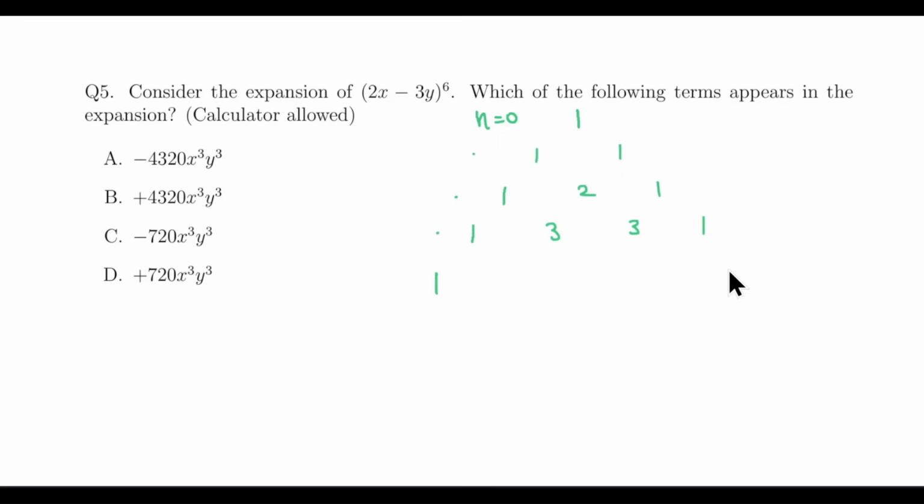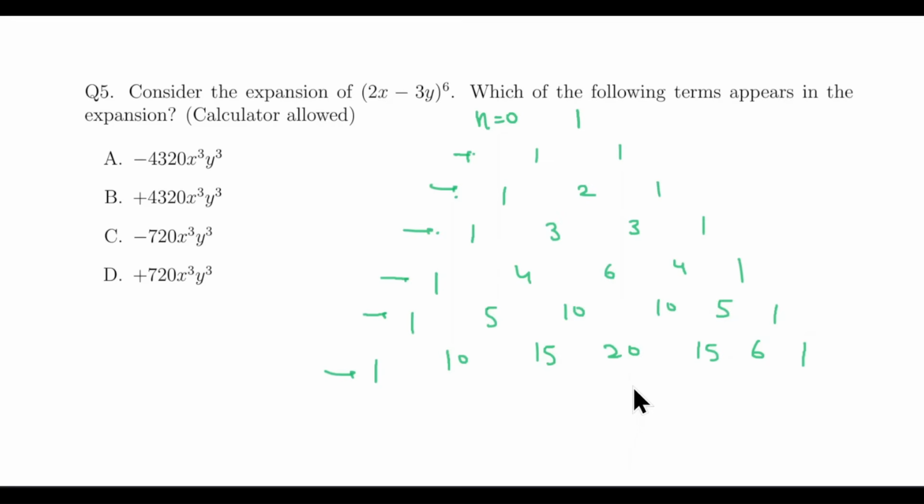I have to go even further: 1, 1, 4, 6, 4, 1, 1, 5, 10, 6 and 4 is 10, 4 and 1 is 5, n equal to 1, 2, 3, 4, 5, one more.